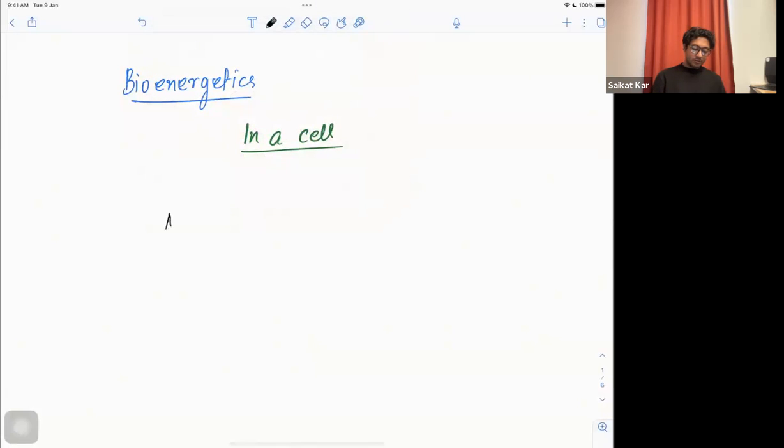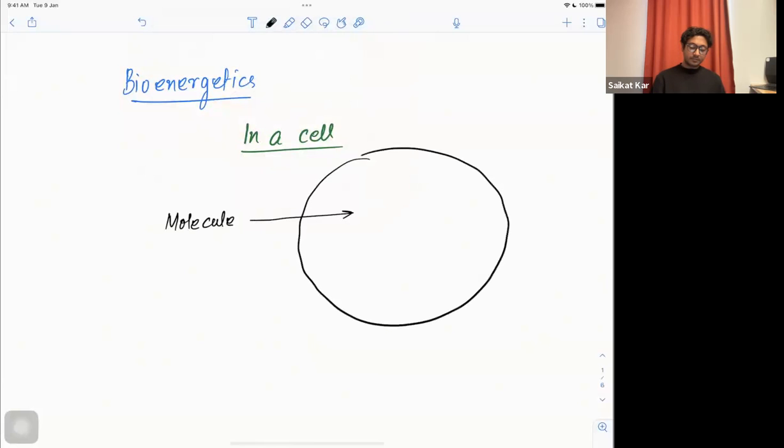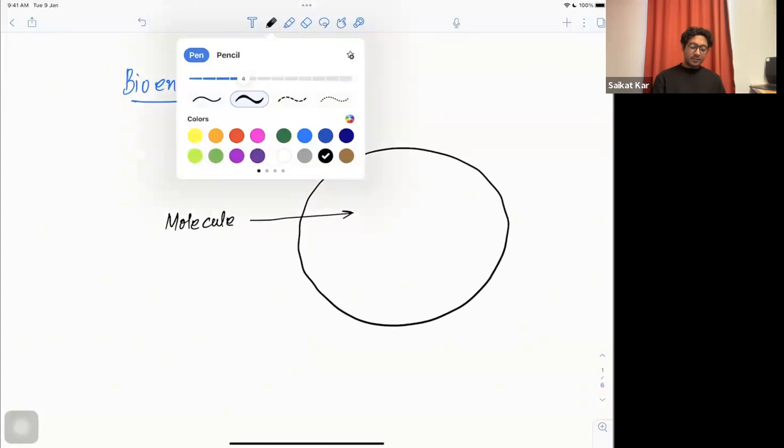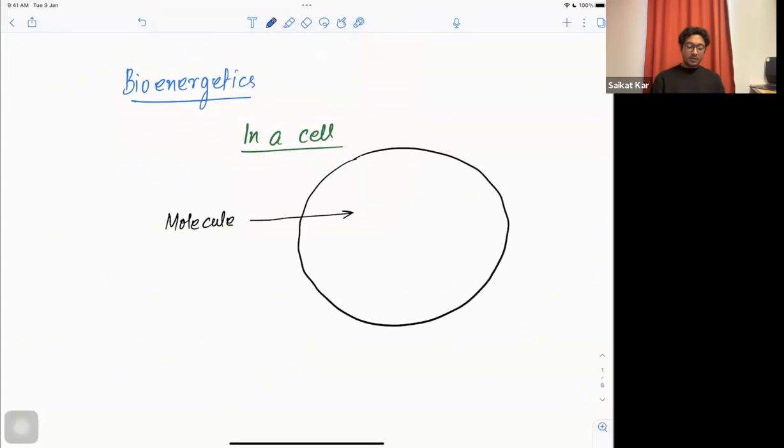Any molecule that enters into the cell, we need to find a way to transfer energy from the chemical bonds of that molecule.